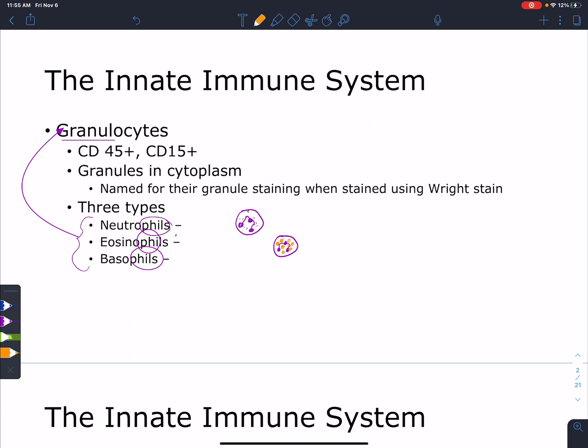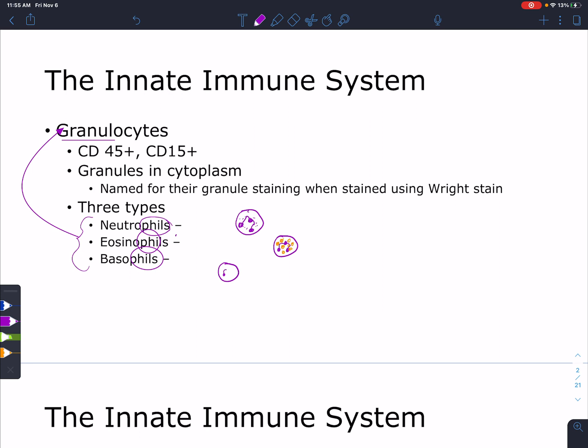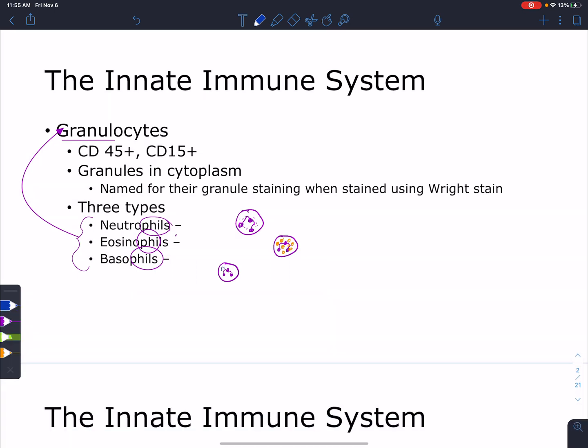I have better pictures, but you guys like to watch me draw, right? Our basophil looks similar, but this guy has really dark granules all over it, and they're black. And so that's the difference. And these granules all have different functions, of course. So let's keep going.